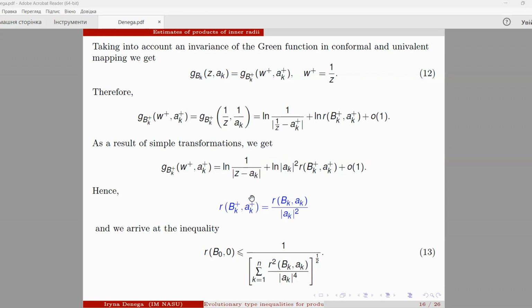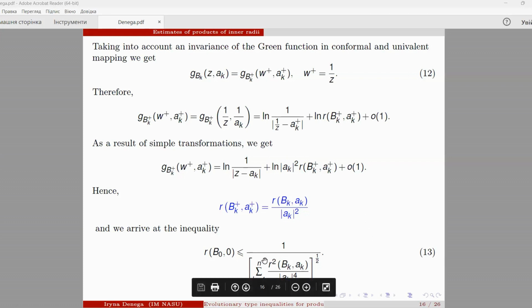And we obtain that after mapping 1 over z the radius r(B_k^+, a_k^+) is r(B_k, a_k) divided by modulus a_k squared. And we arrive at inequality 13.